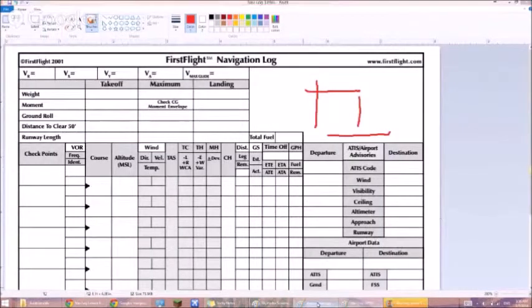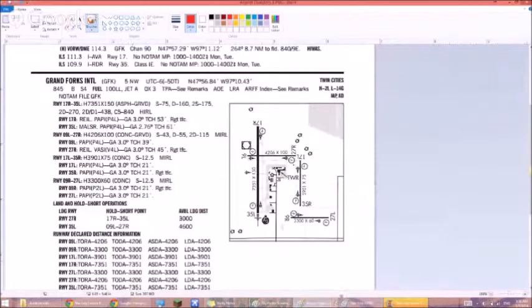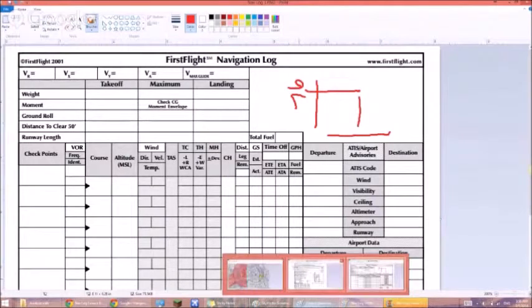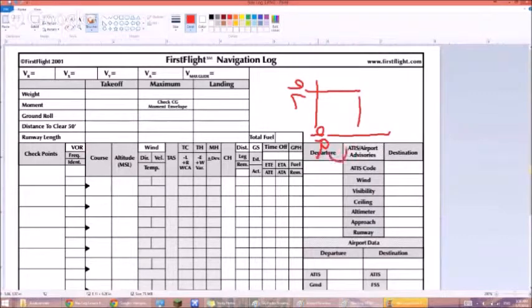So this one right here is 9L, meaning 9 left. This one down here would be 9 right, because it's on the right. And then this one right here is 17 right. And obviously then this one over here is going to be 17 left.